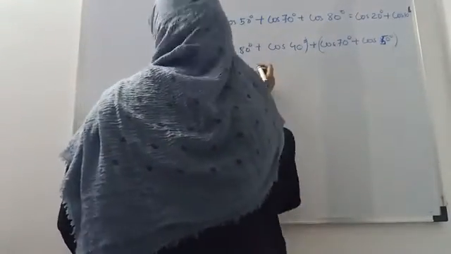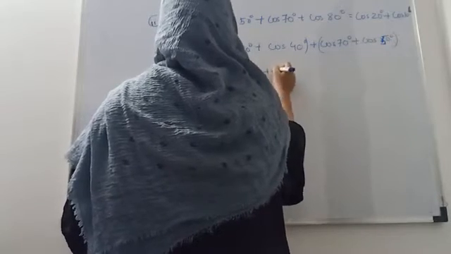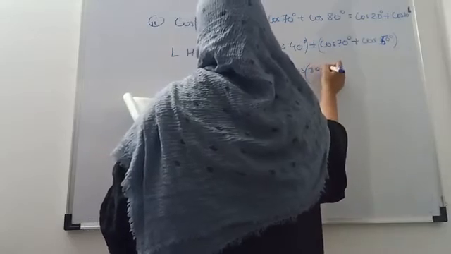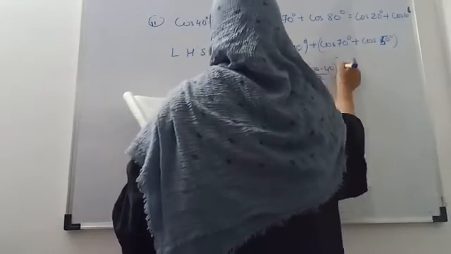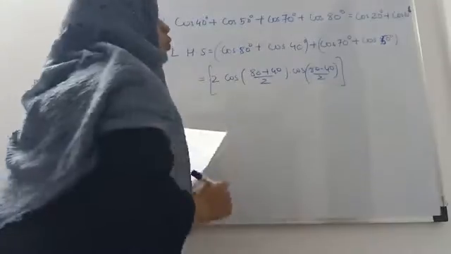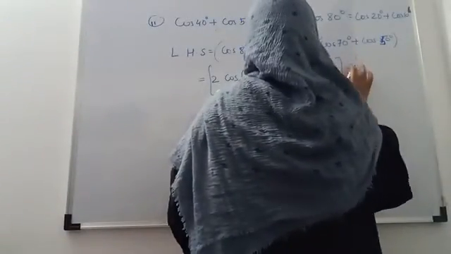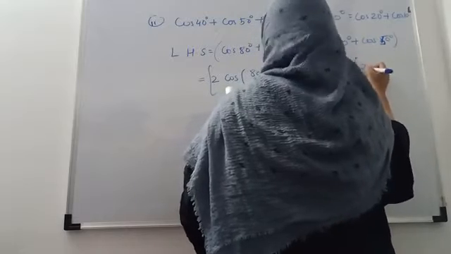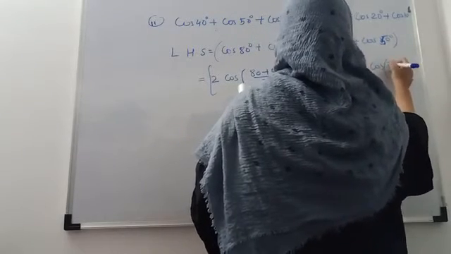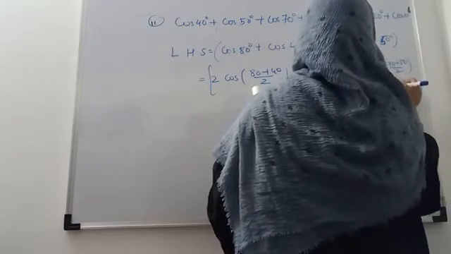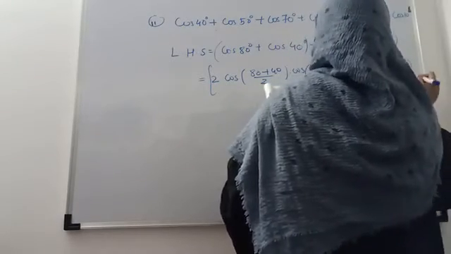So the formula gives 2 times cos of (80 plus 40) upon 2 into cos of (80 minus 40) upon 2 for the first two, and for the other it is 2 times cos of (70 plus 50) upon 2 into cos of (70 minus 50) upon 2.